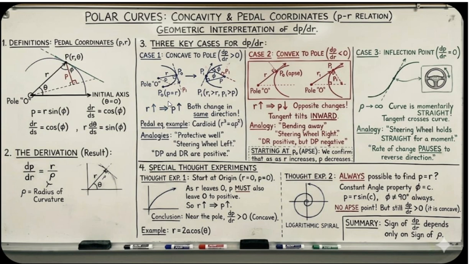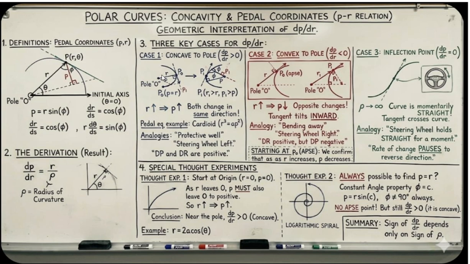Whenever we initially choose the point p0 and then move the point, in the case of a concave curve both change. The tangent comes here, the r is here, and the perpendicular length from the pole to the tangent also increases here.